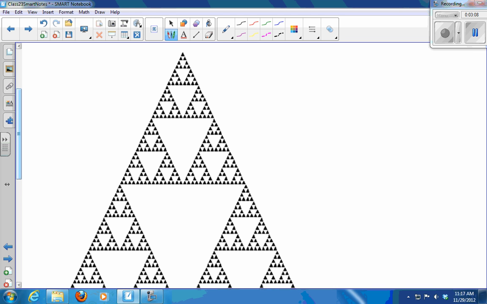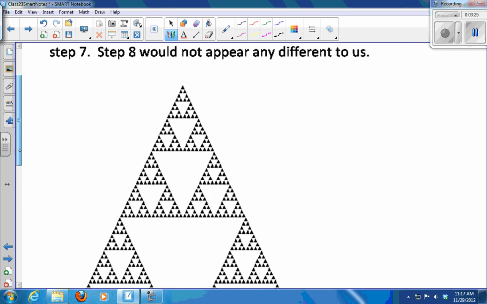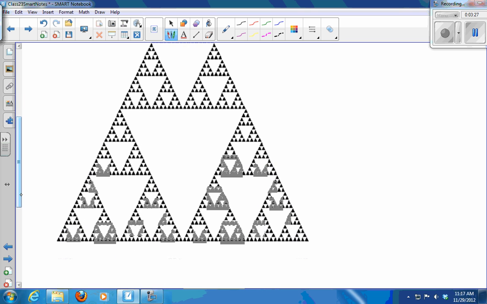So rather than putting 100 pixels in a little tiny region, we could put 78 maybe, and nobody can tell the difference. So we can encode less information. So after a while, the Sierpinski gasket looks the same to us at every step.